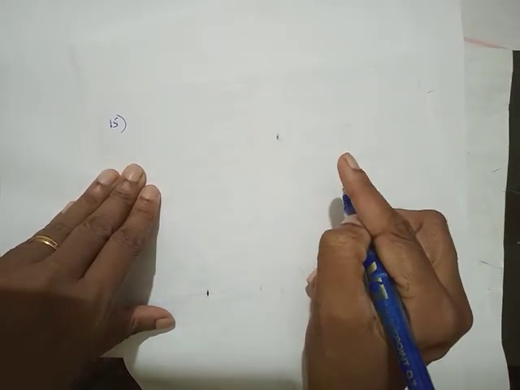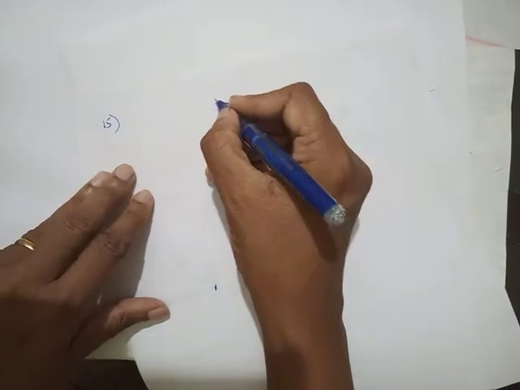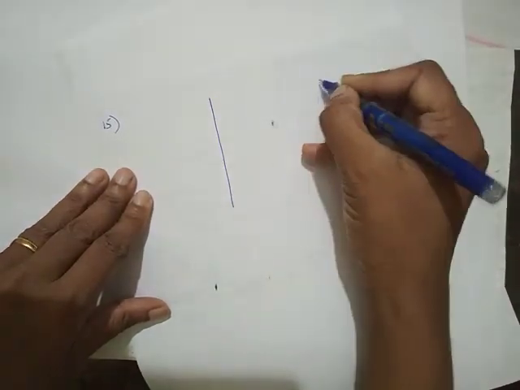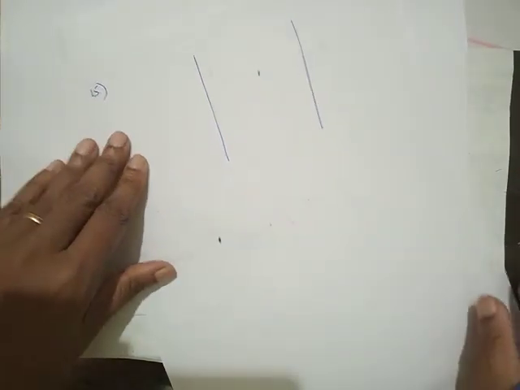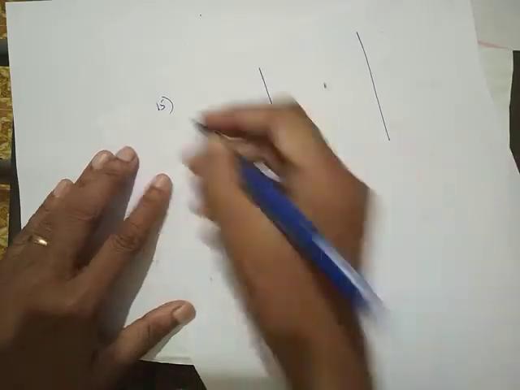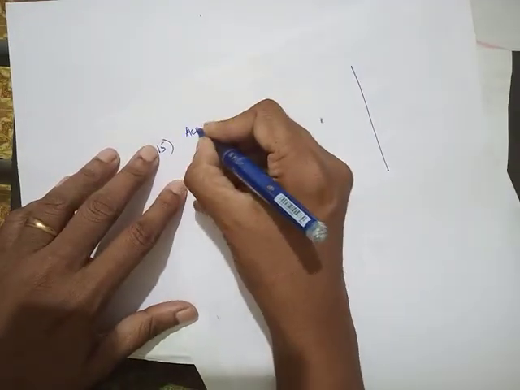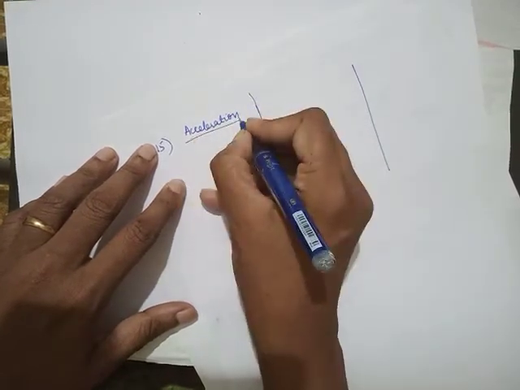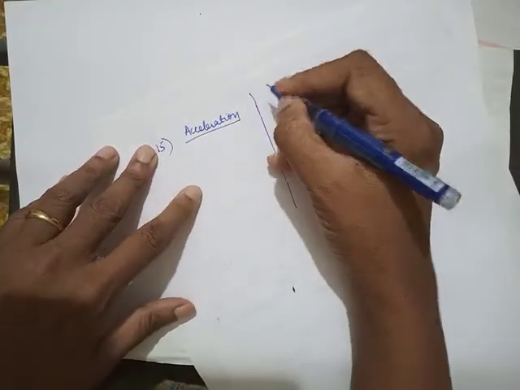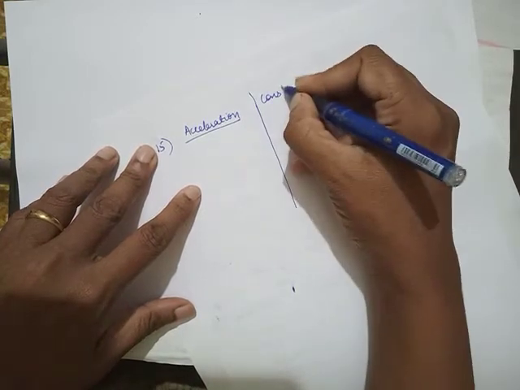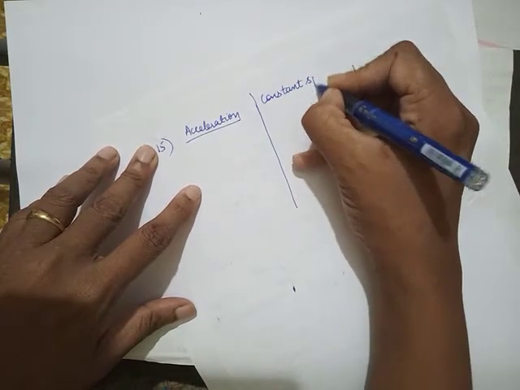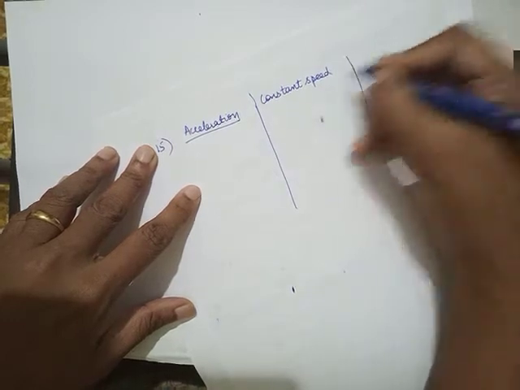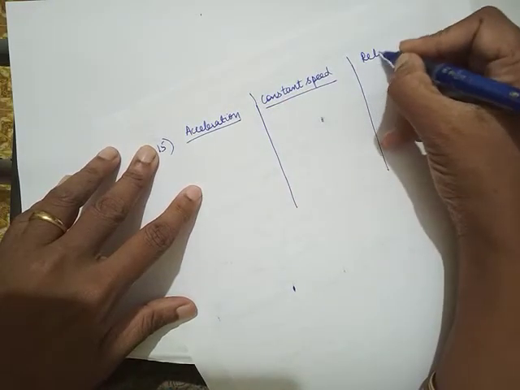The brakes are then applied and then it comes to rest. So this body has all three kinds of motion. First is acceleration, second constant velocity or constant speed, and the third is retardation.